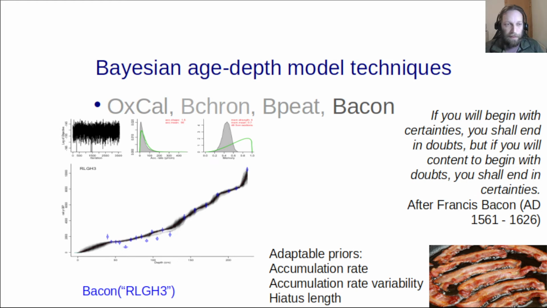We can tell the model that a site is not very likely to have accumulated very fast or very slow. Instead, based on looking at many different sites, we have a default prior accumulation rate. And the same is true for the memory, which is how fast the accumulation rate can change over the core.